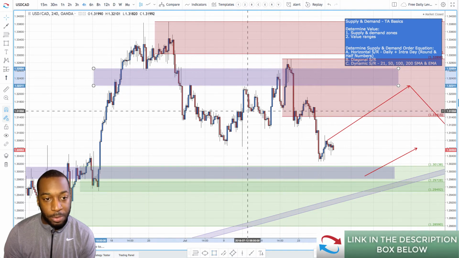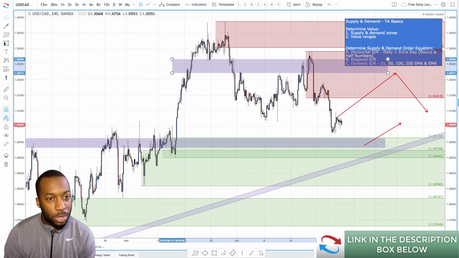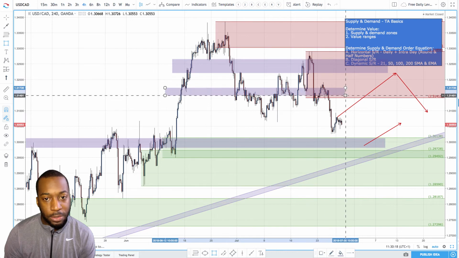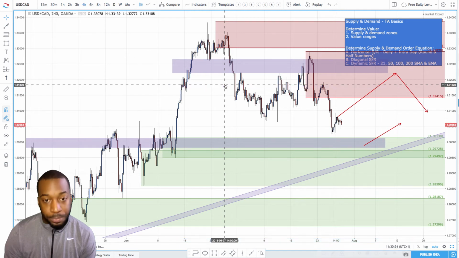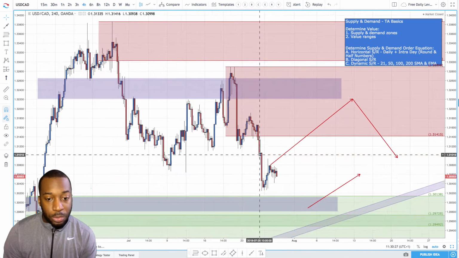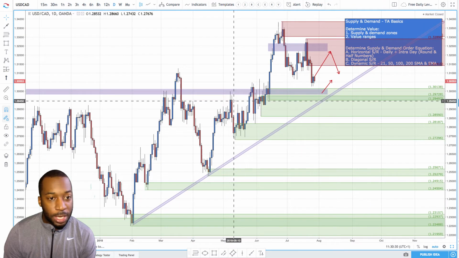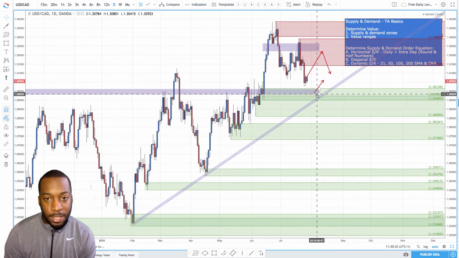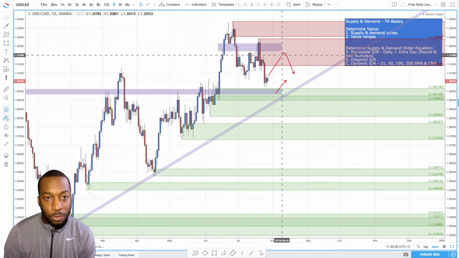That'd be the first area to look to. And I think there's probably one little minor one right here, potentially. So those are your options for the dollar CAD around here, and then looking for some confluence around here.